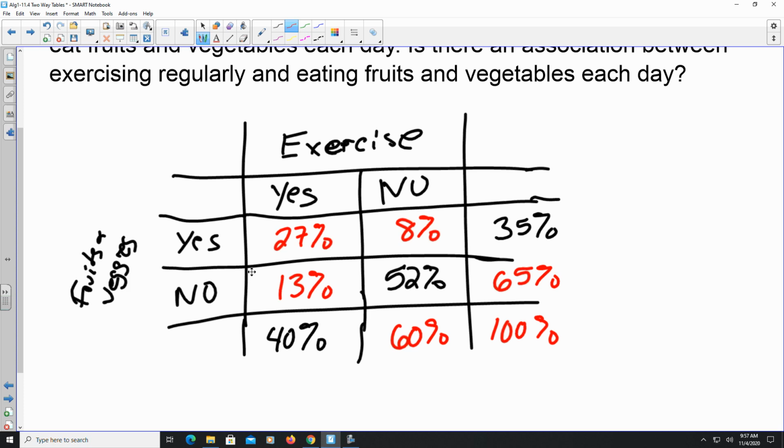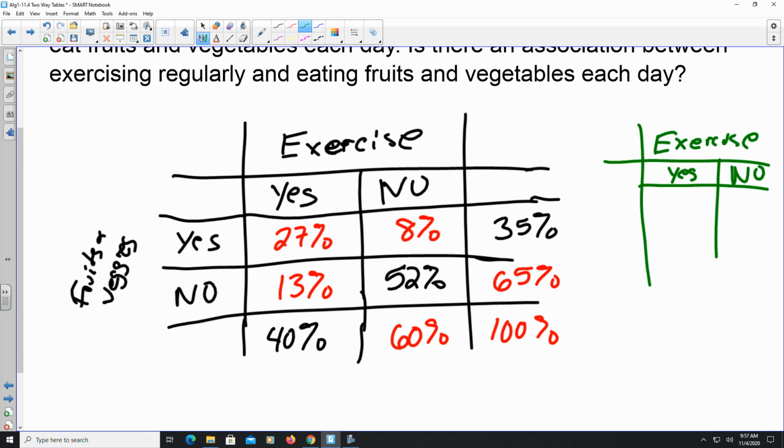So I'll put exercise here. I've got my yeses and my no's. I've got my fruits and veggies, and I have my yeses and my no's.